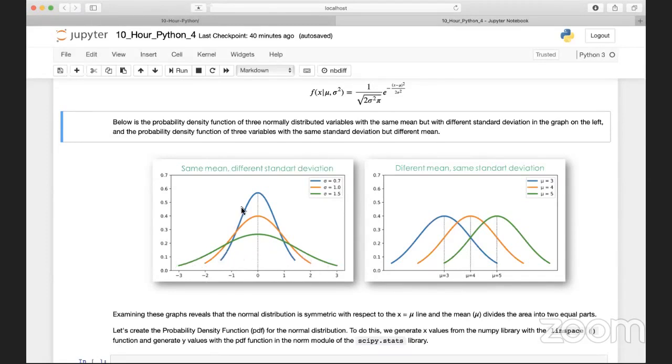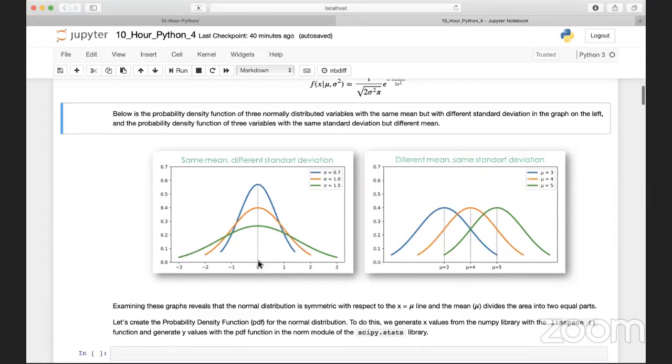So let's talk about the sigma. Here, you see the blue line is 0.7. If we increase the sigma, the standard deviation, to 1.5, which is represented by the green line, it is more dispersed.